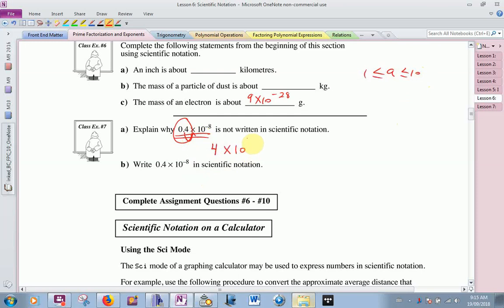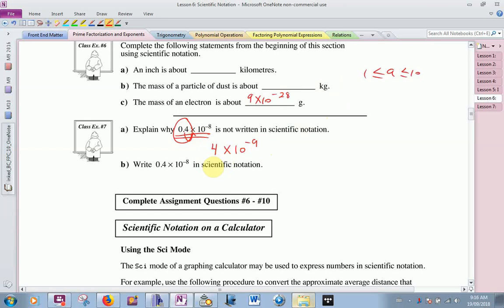So does this become minus 7 or minus 9? It's kind of tricky, right? I have to think about this. Okay? Because to get from here to there, I got to go one spot in the negative direction, right?